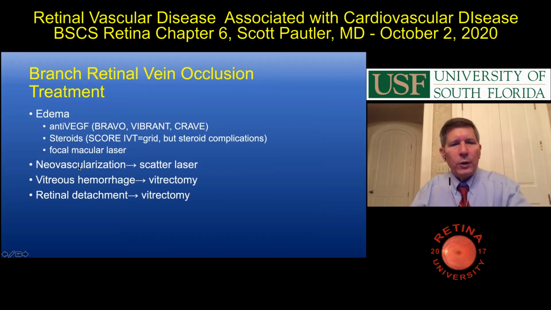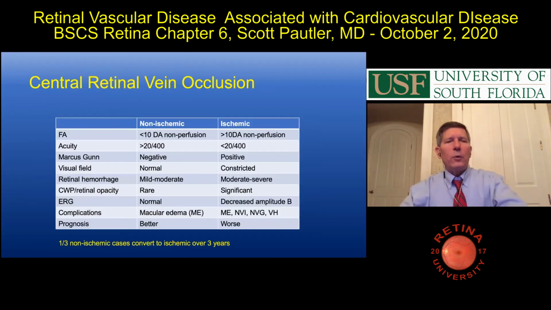If you have pre-retinal neovascularization, scatter laser in the quadrant of the capillary dropout is helpful. If you have vitreous hemorrhage, if it obscures the view, then we'll initially use anti-VEGFs to let the hemorrhage clear and then use laser. But if the hemorrhage does not clear or you see complications on the ultrasound like retinal detachment, then vitrectomy would be the course of action.